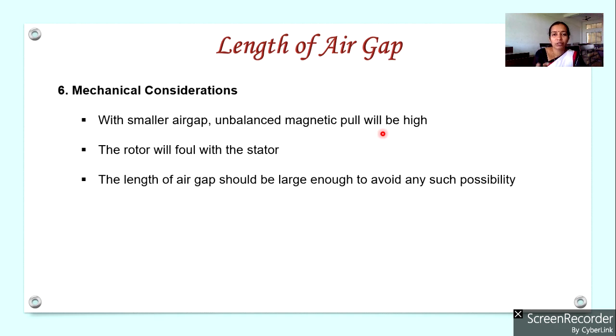In actual cases, the rotor should be perfectly concentric to the stator, both having the same center. But due to unbalanced magnetic pull, there will be some deflection of the rotor. If the air gap length is very high, we can neglect this eccentricity or deflection, and the effect of unbalanced magnetic pull can be neglected. But if the air gap length is small, the eccentricity will be more predominant.